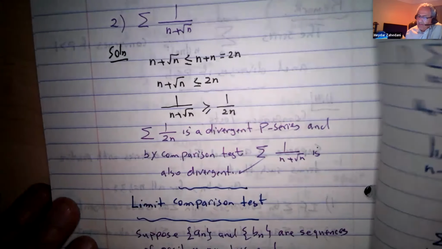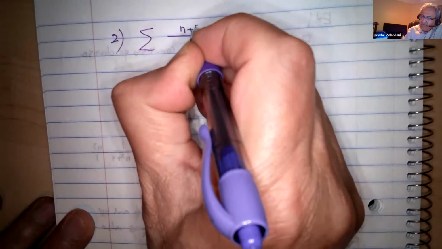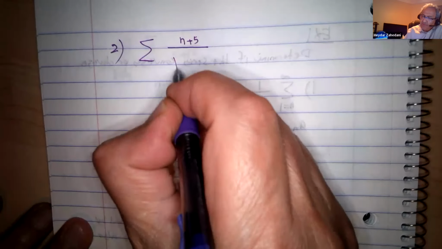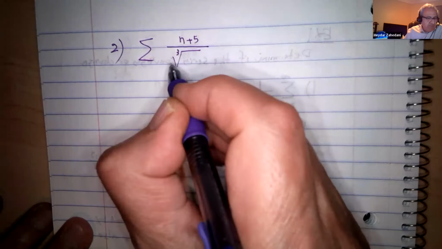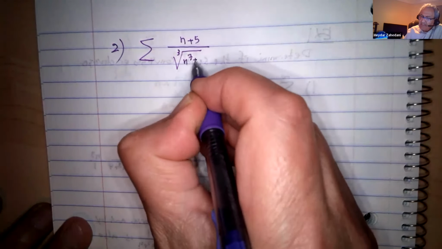It seems to be complicated, but I can do it right away for you. Look at this one. You can make it as complicated as you like, and I do it in a matter of seconds. Look at this series: n plus 5 on top, and the bottom is the cube root of n to the 7 plus n squared.